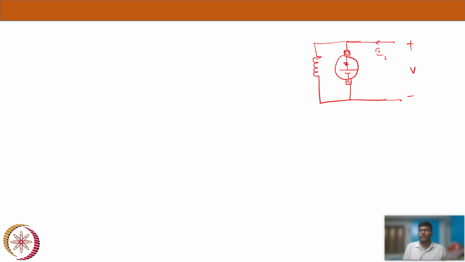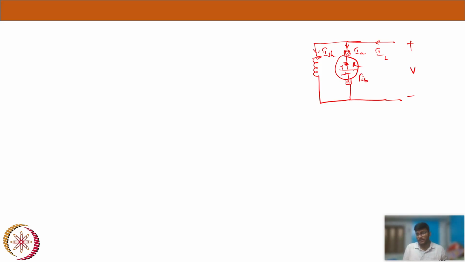Let's say this is the total line current drawn from the supply, and the current which goes through the armature will be the armature current, and the current drawn by the field winding will be I shunt or I field, anything. So this is R_A and this is E_B, plus and minus. So this is the shunt motor topology.